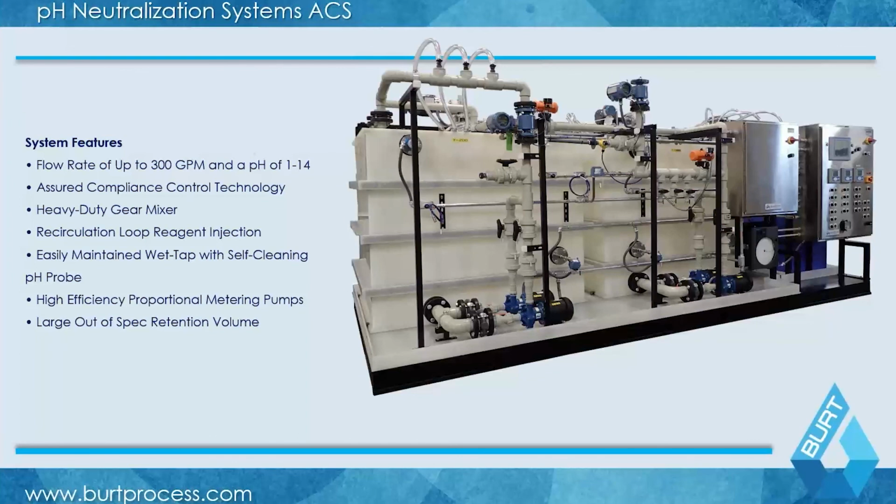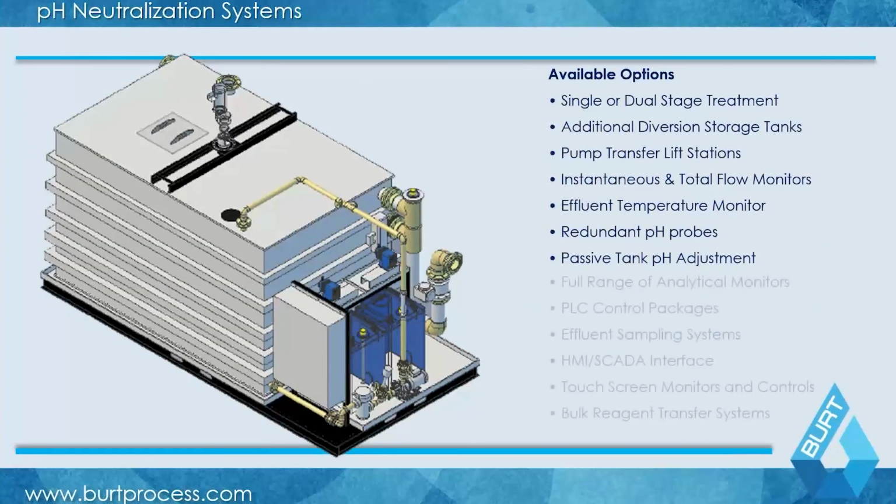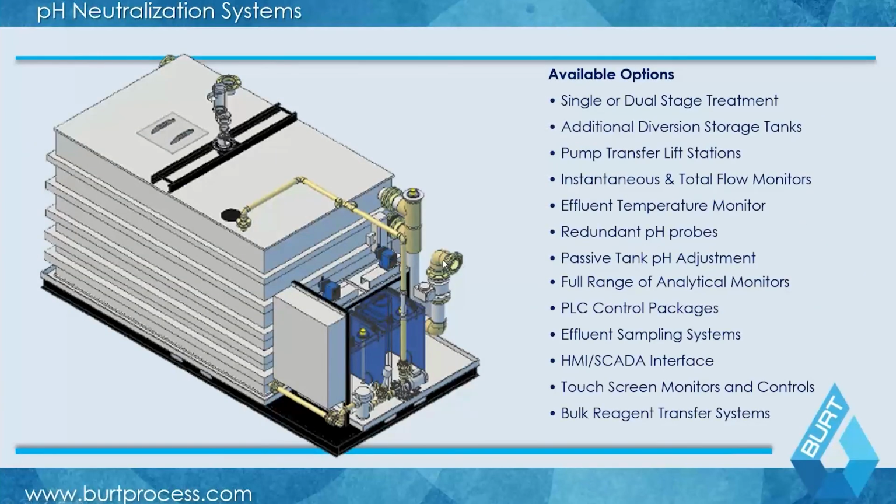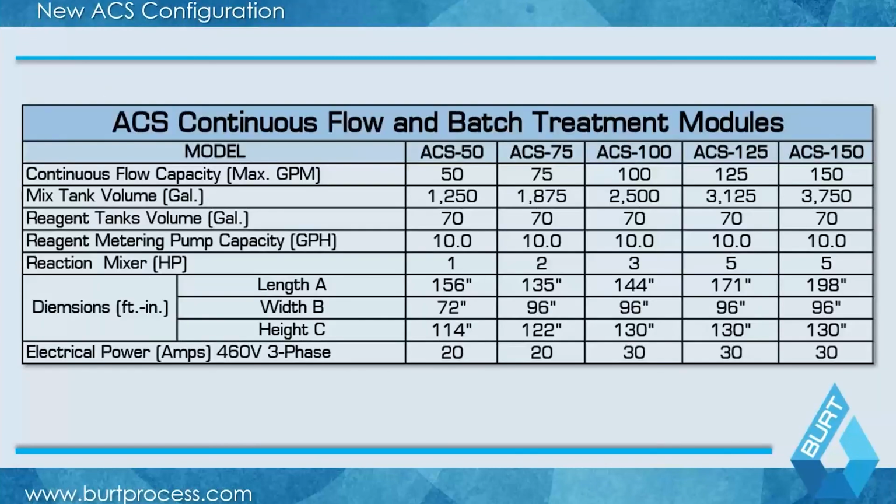They involve wet tap and self-cleaning pH probes as well, and they can also be built in 2 stages. This is actually one of the 2-stage designs here, for, again, more extreme waste considerations. Some of the options include single and 2-stage, as I just discussed, additional diversion equalization tanks, temperature monitoring, redundant pH probes, temperature control, PLC-based bulk reagent transfer, really a number of different features here as well.